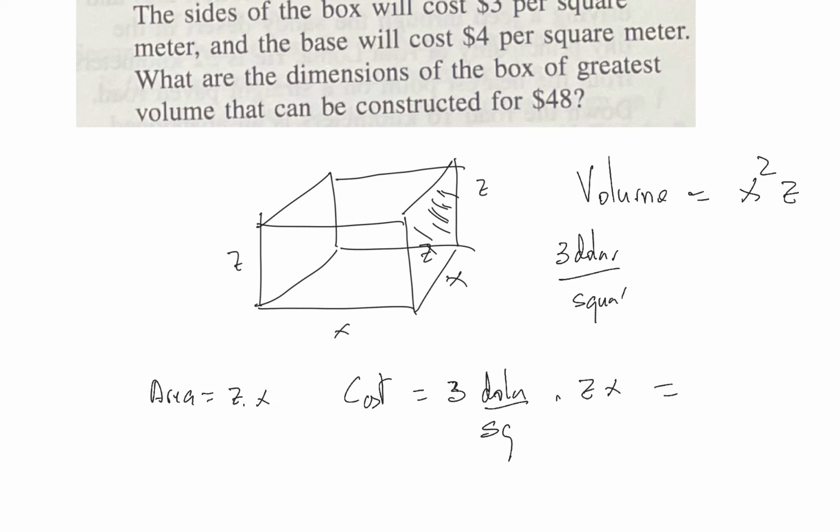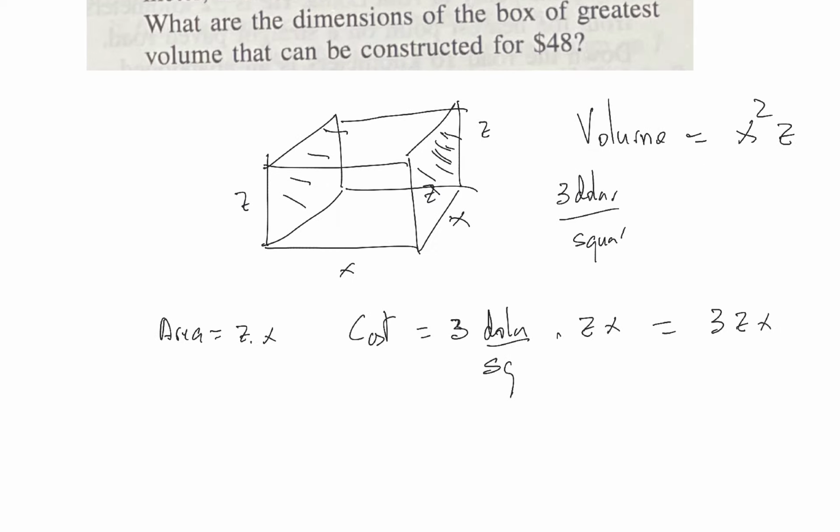So the cost will be 3 times z by x. But there are two equal sides, so the cost of the left side and the right side will be 6 times z by x.